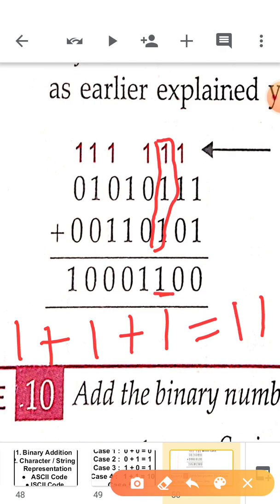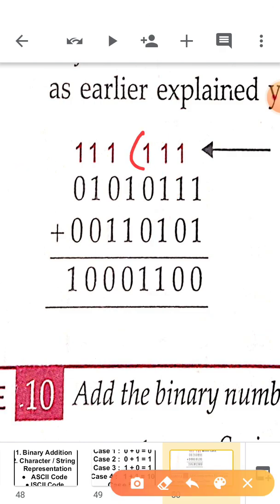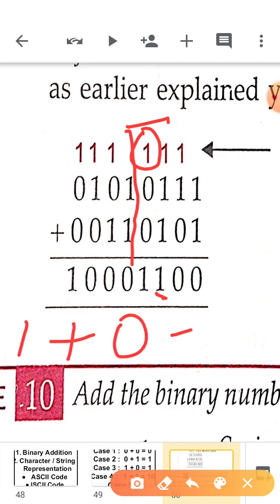So 1 is here down and 1 is in the carry. I hope you are getting my point. Now concentrate on this column. Here 1 is adding with 0 and 0, so you will get 1 only. So here you get 1.